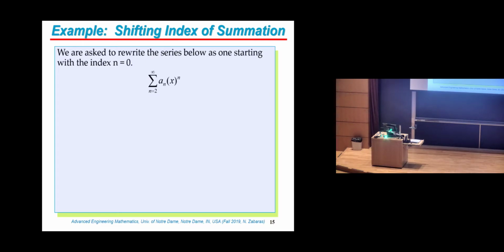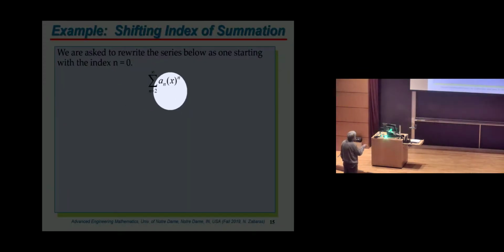But now I want n to start from 0, not from 2. So what do I need to do? How should we change this index n so that it starts from 0 rather than from 2?